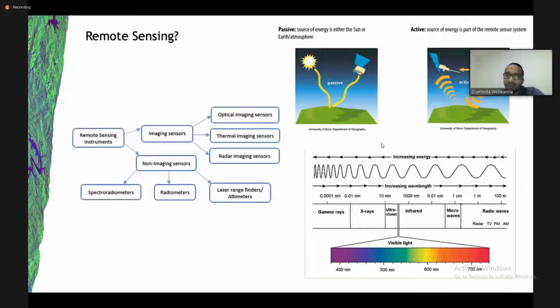In summary, my definition of dividing remote sensing based on purpose is mainly where these sensors work on the electromagnetic spectrum or wavelength. So each sensor is dedicated to a particular wavelength region.